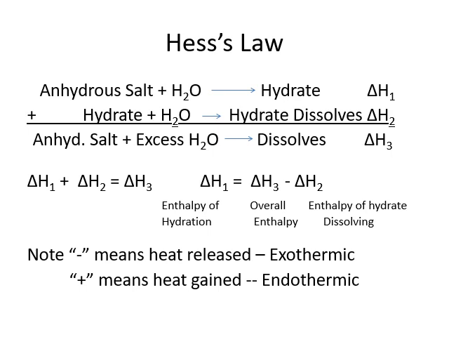So for Hess's law, we would take delta H1 plus delta H2 equals delta H3. But because we're trying to solve for delta H1, we need to rearrange that equation. And so we can solve for delta H1. It's going to be equal to delta H3 minus delta H2. So our overall enthalpy of dissolving the anhydrous salt minus the enthalpy of dissolving the hydrated compound.